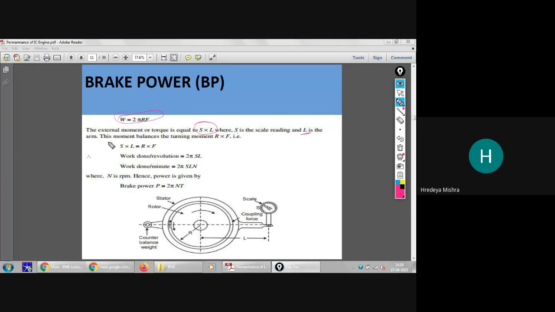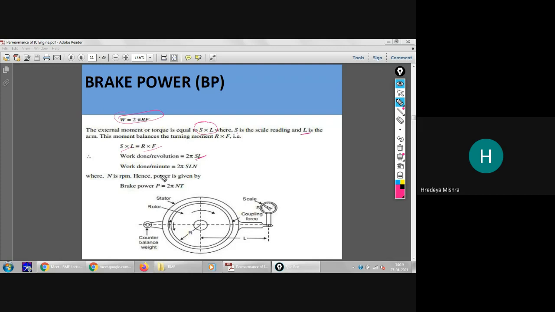The moment balance, turning moment, is R into F. So S into L equals R into F. Work done per revolution is 2 pi L S.